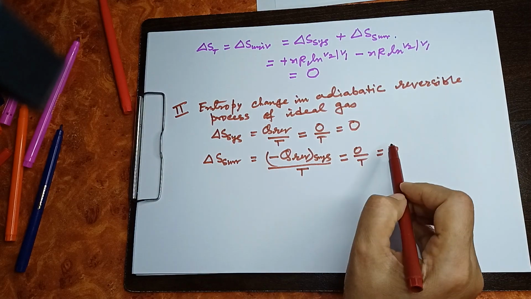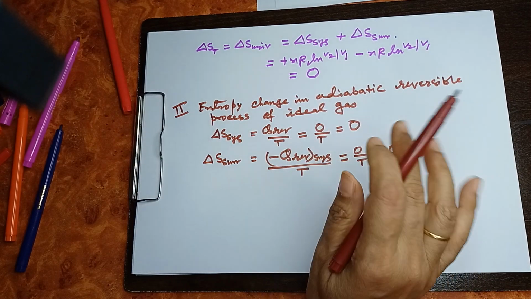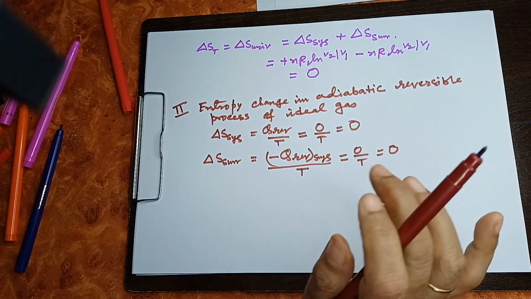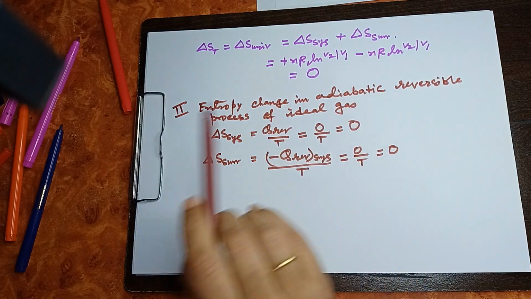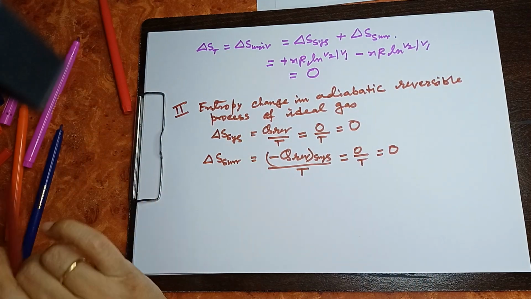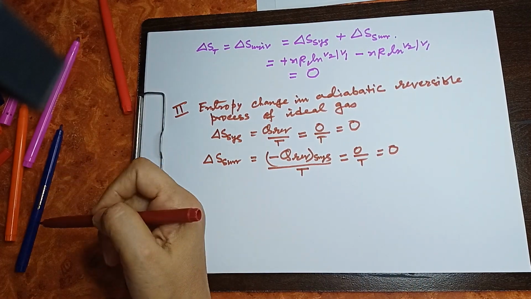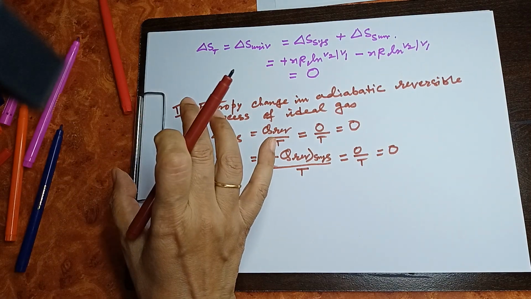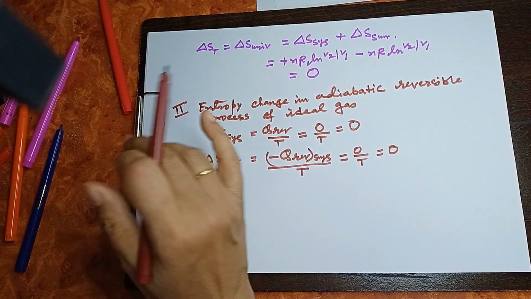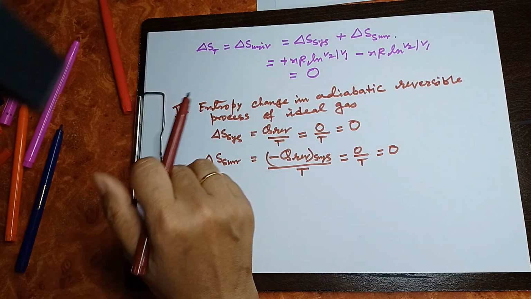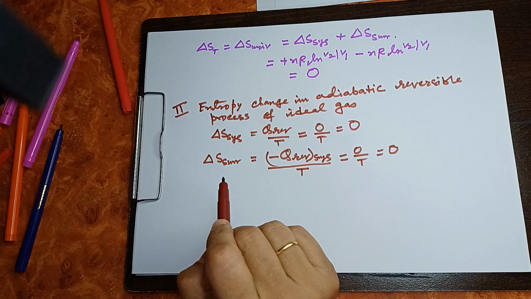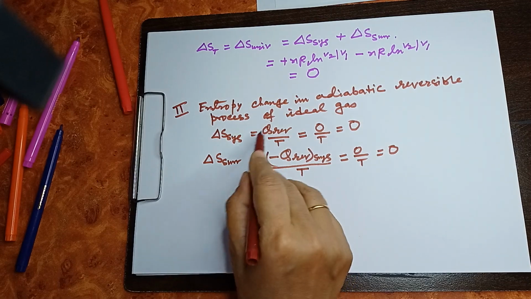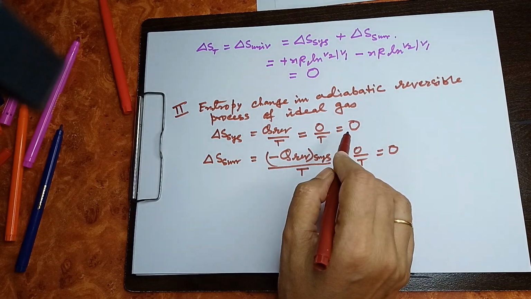So 0 plus 0 means overall entropy change of the universe will be 0. But you see, it is an adiabatic reversible process. A process is going on. That means when a process is there, temperature, pressure, volume are changing, so entropy is also changing. Then how come entropy change of this system is 0? But from this formula it is coming 0.